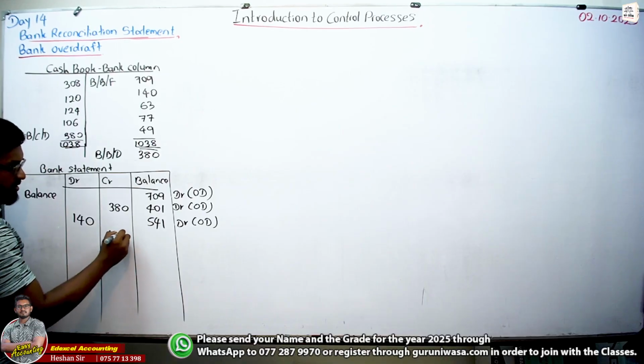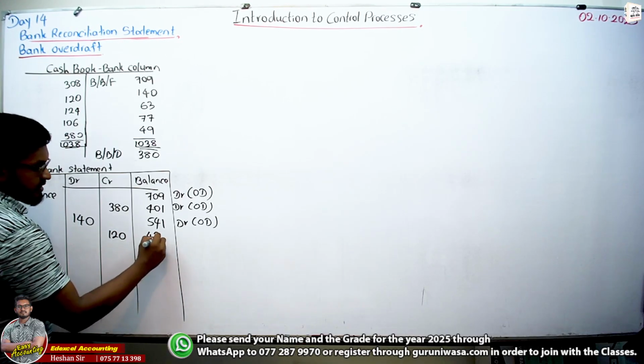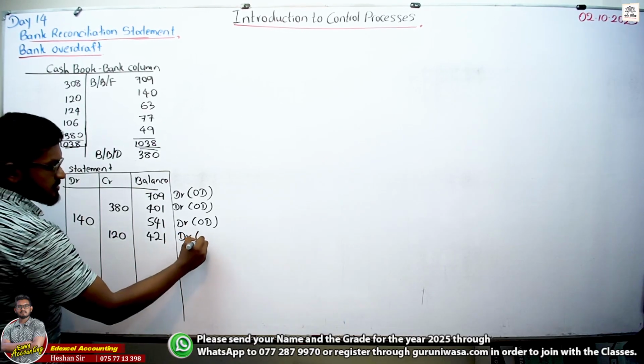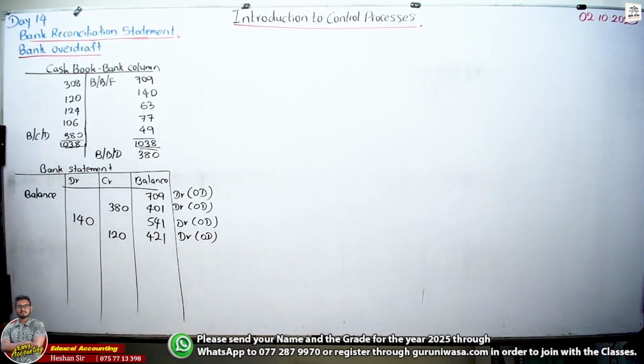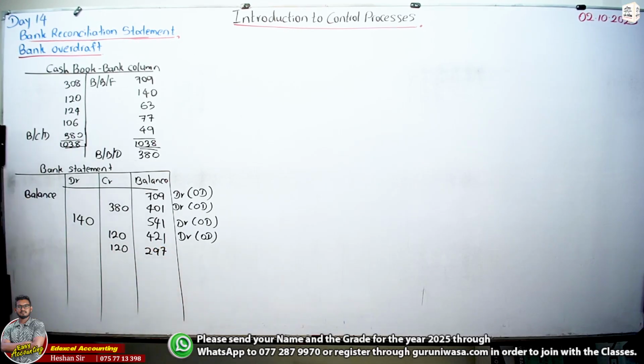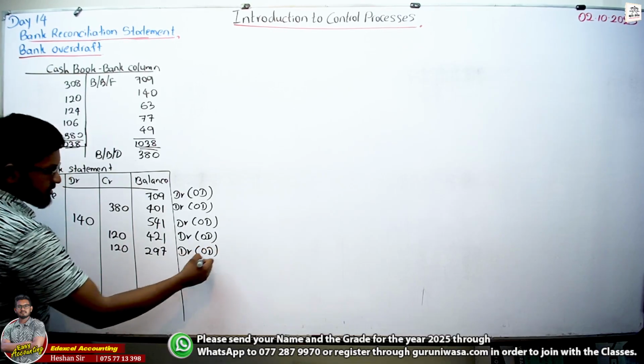Once we deposit 120, this will decrease to 421, still the debit balance, which means the overdraft, right? Once we deposit 120, the overdraft will decrease to 297, still a debit balance, which means overdraft. Got it?